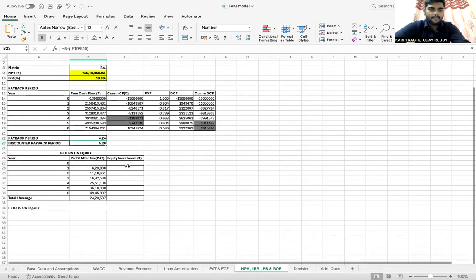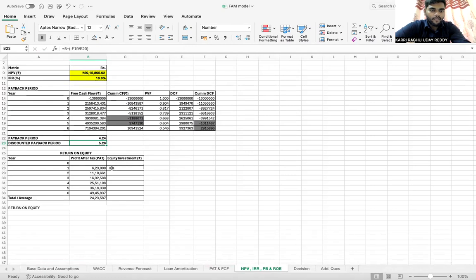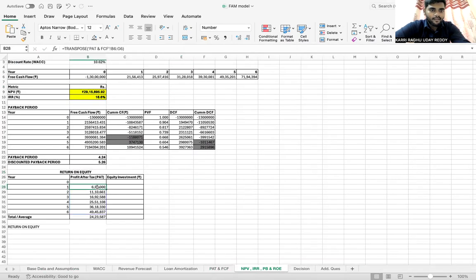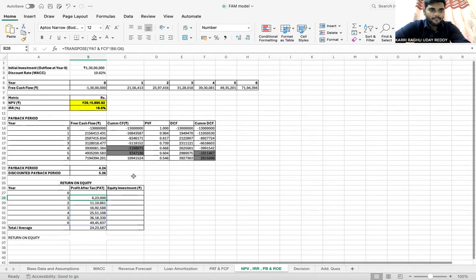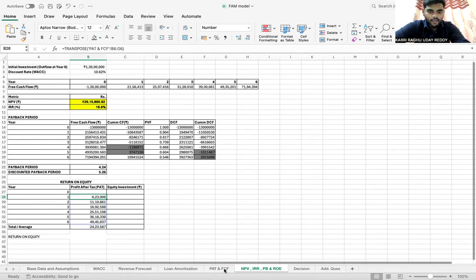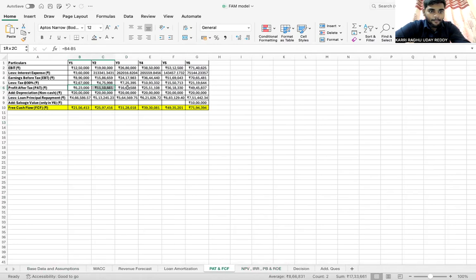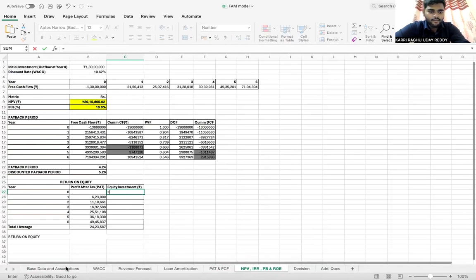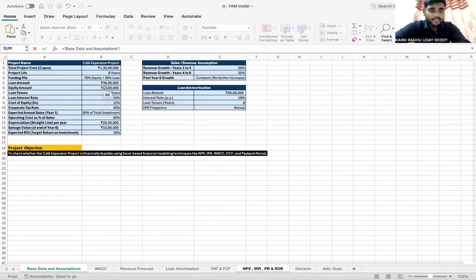Now let us calculate return on equity. See, these are the values which were already filled because the formula is filled before. So these are the values which were already calculated here. These are the PAT values which we are taking now. So these PAT values we are taking here, and the equity investment is mentioned in base data and assumptions as 94 lakhs.